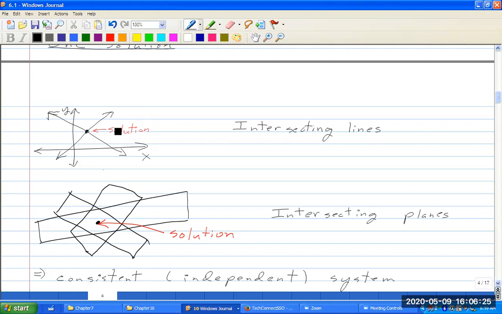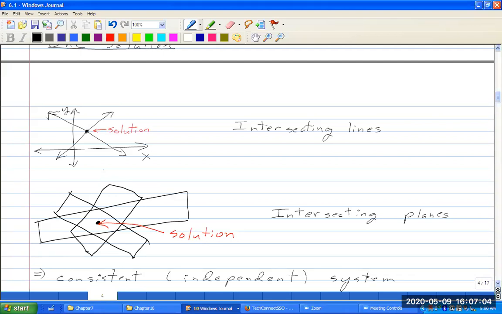In higher dimensions, say 3 dimensions, if all the planes or hyperplanes intersect at one point, a point of common intersection, we will call this situation intersecting planes. In this case, the system will be called a consistent and independent system. Usually, I will just say that this is a consistent system.